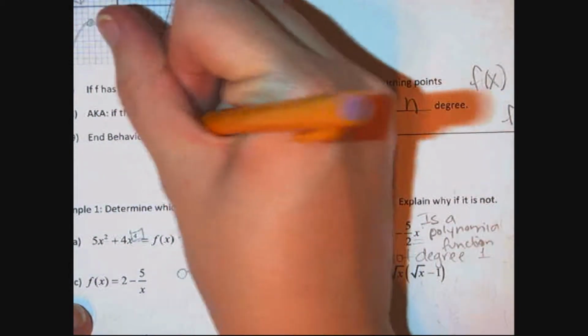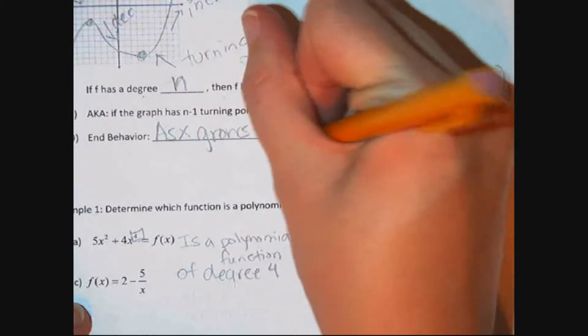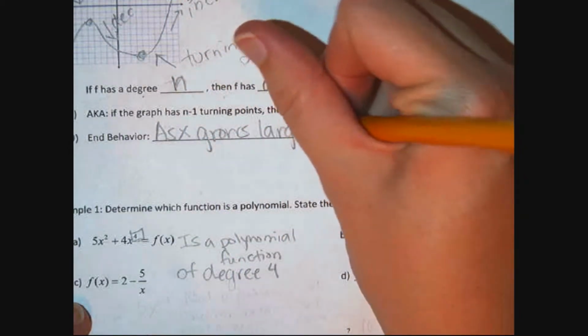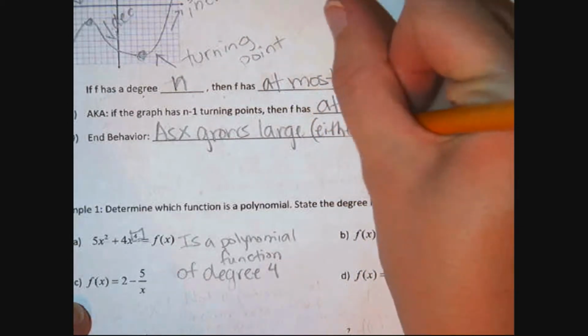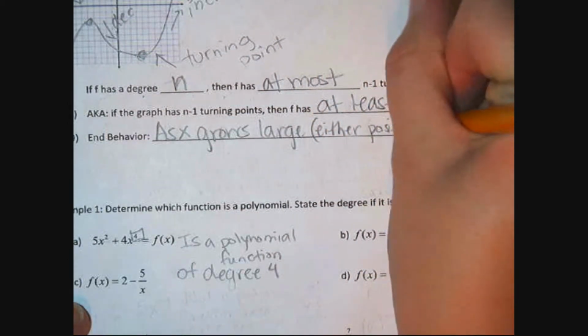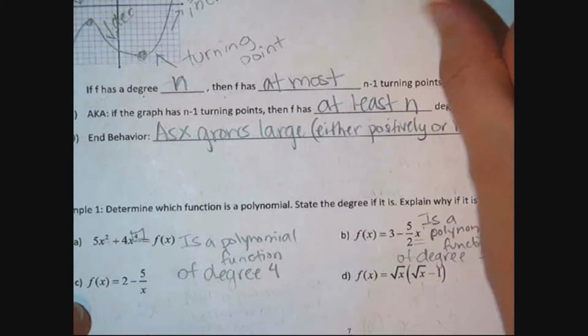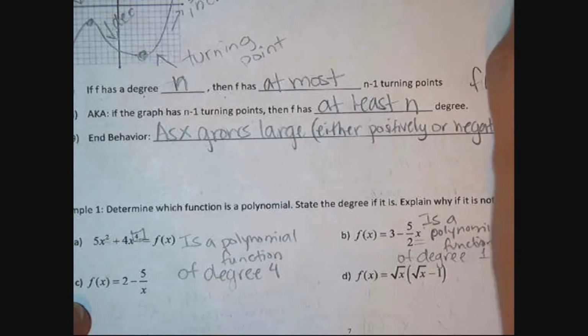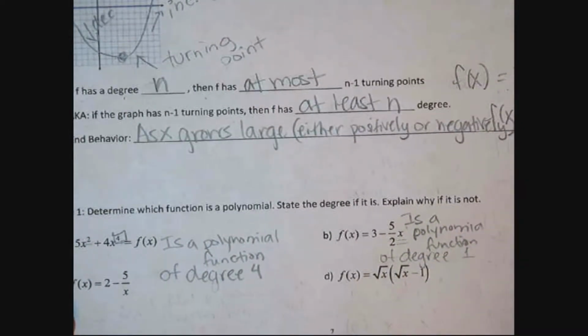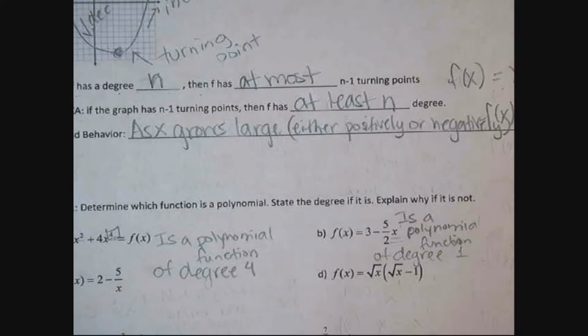So we can say that as x grows large, either positively or negatively, we can also say this as x approaches positive infinity or x approaches negative infinity.